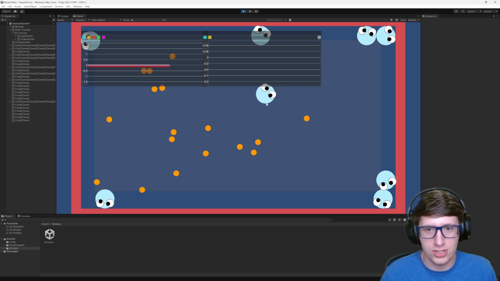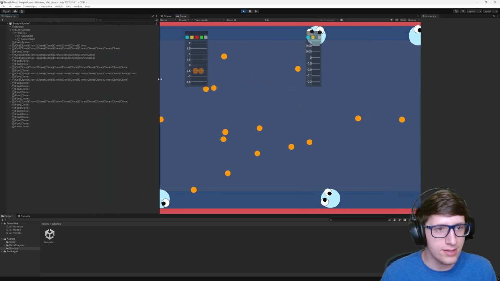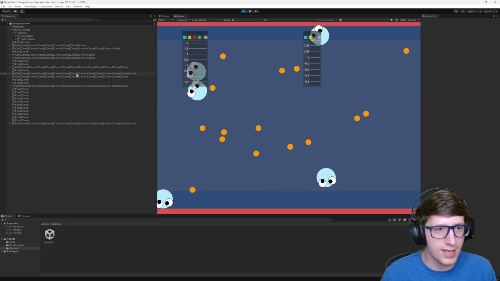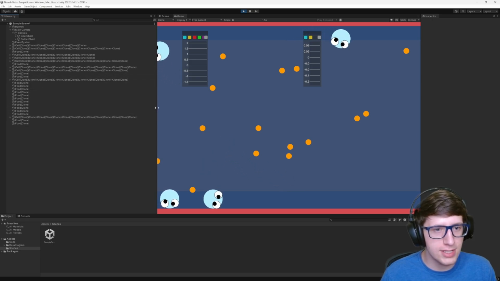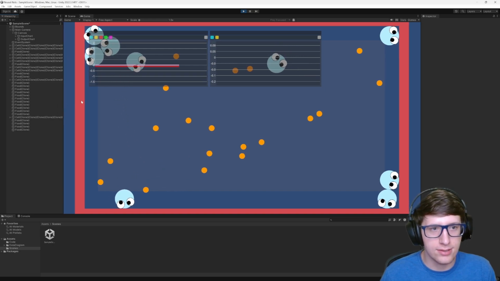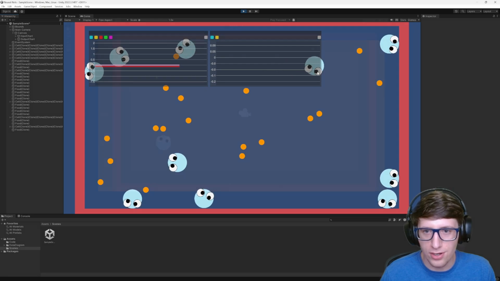The next generation will slow down again a little bit because all the fast ones died. But now we're down to 15 generations after the stem cell. And you can definitely see that they're getting a little bit smarter.